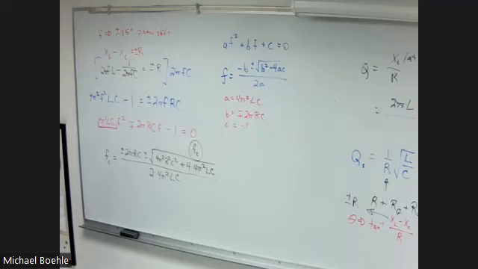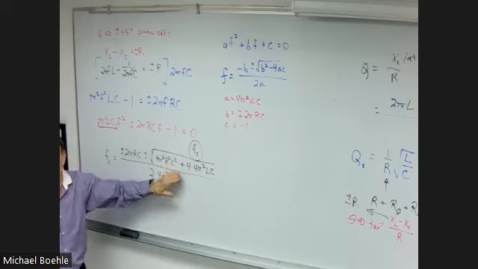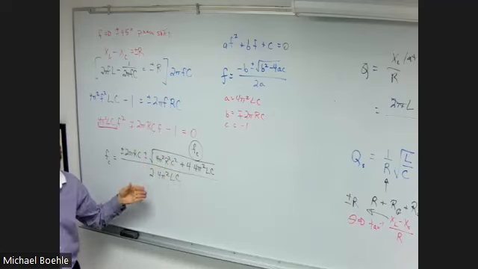But what I want to try and do is get rid of as many terms as I can. Inside here, I've got pi squared. If I were to factor the pi squared out of both terms and then bring it out of the radical, what does it become? The square root of pi squared is pi.